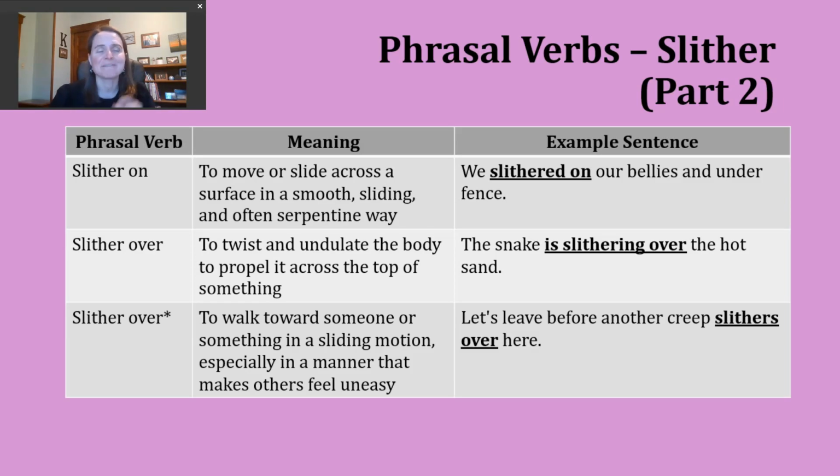The last meaning for slither over, again, is walking toward someone or something in that sort of sliding or gliding motion, but in a way that makes people feel uncomfortable or uneasy. So, an example of how we might hear someone use this: let's leave before another creep slithers over here.